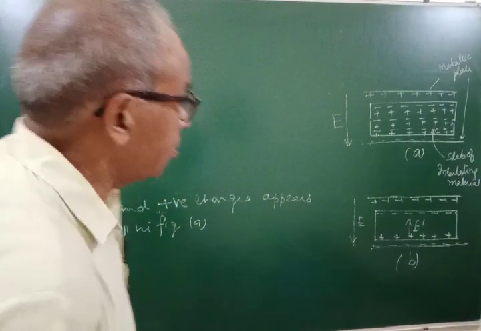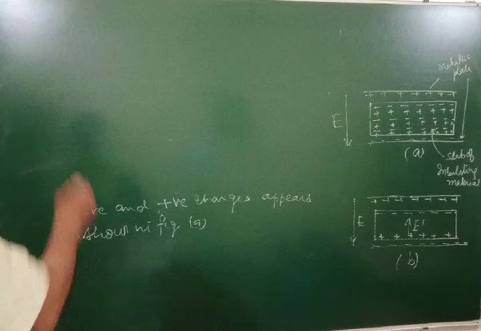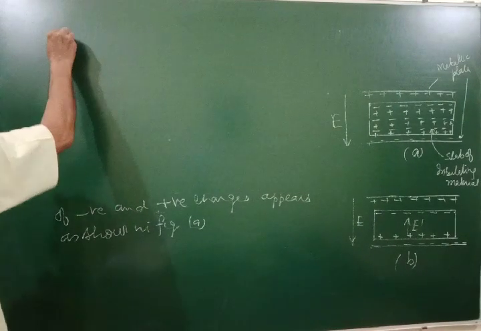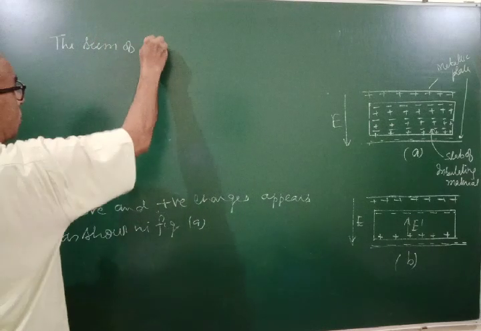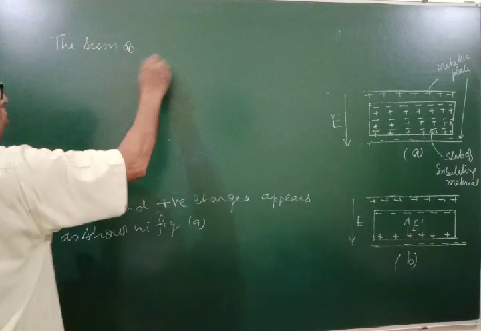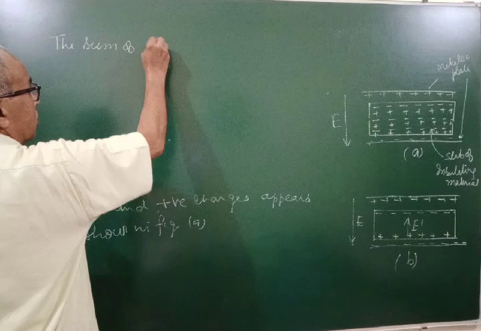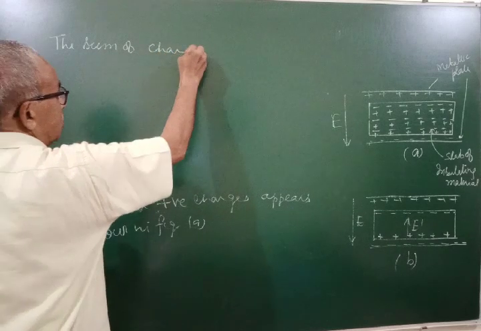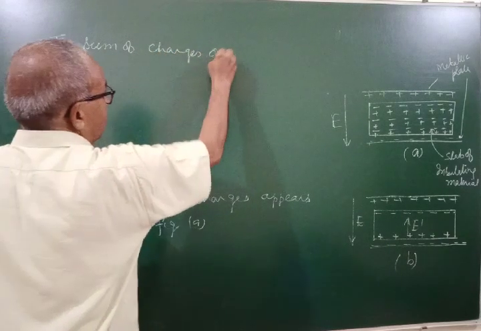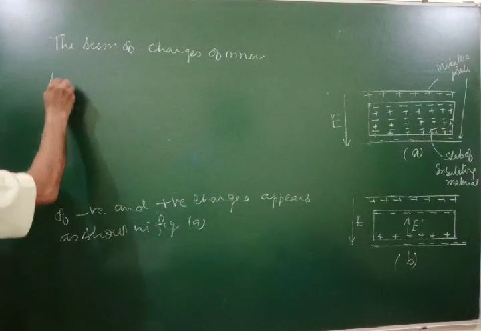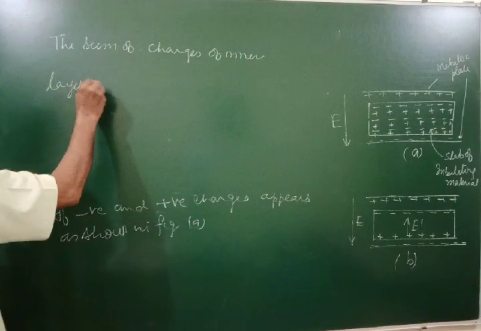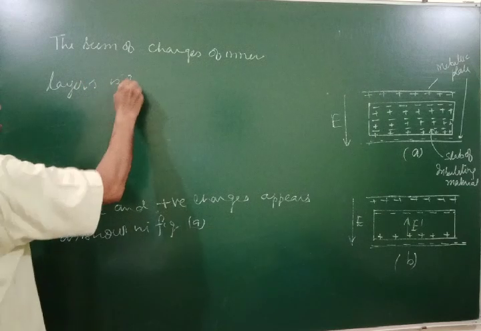The inner layers of positive and negative charge, when added, give net charge 0. The sum of charges of inner layers is 0.